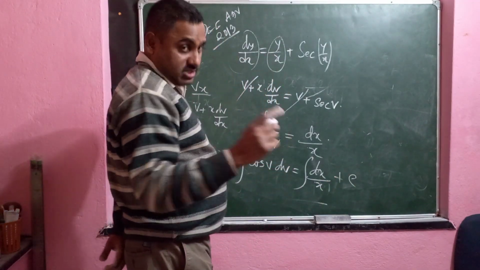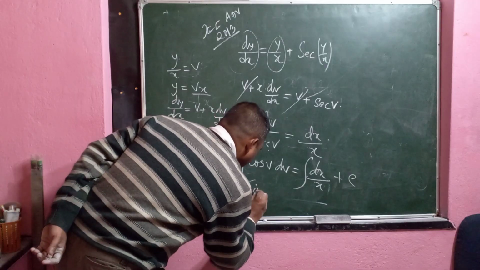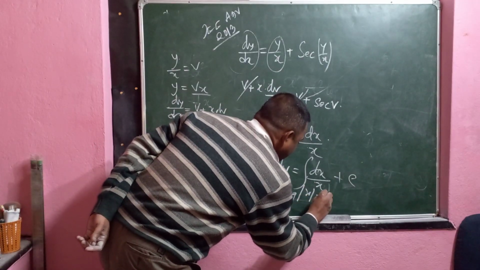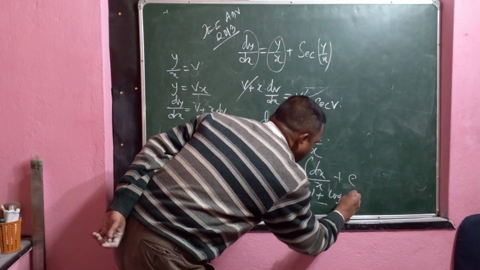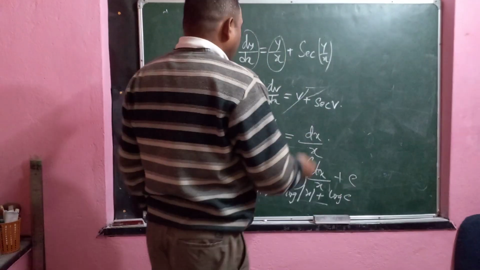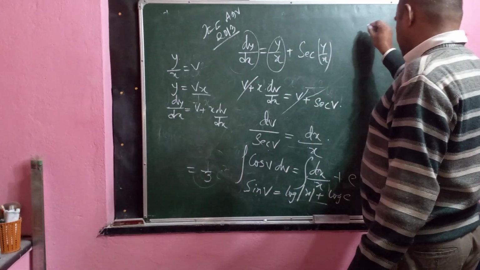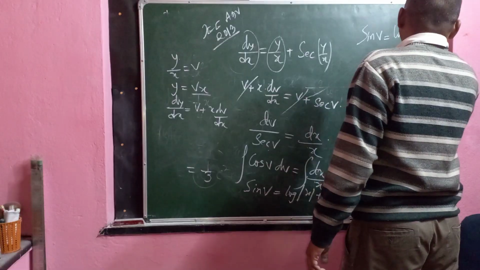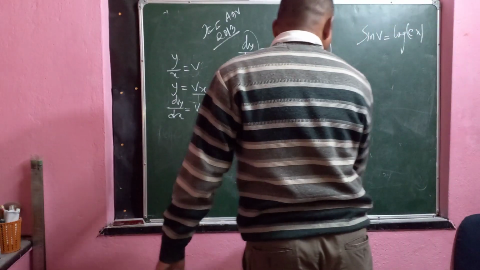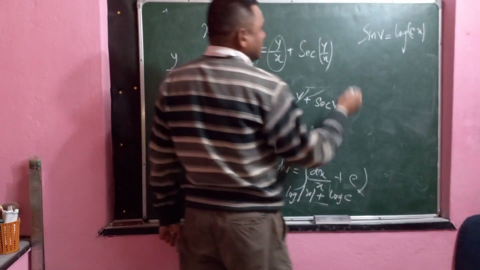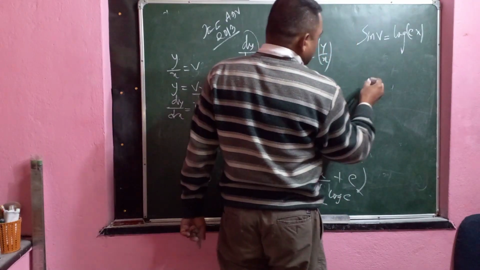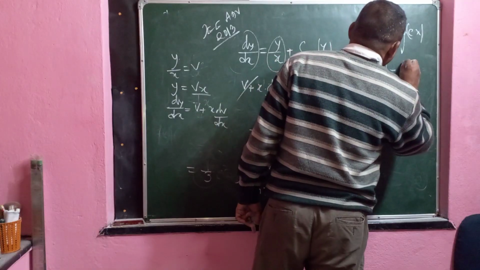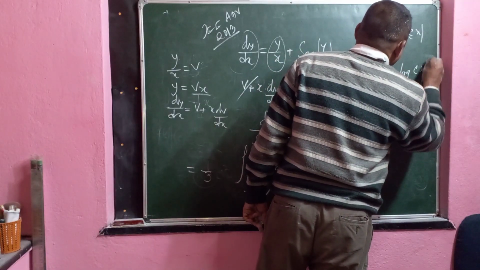Integration of cos v is sin v, which is equal to log x plus, suppose the constant is log c for ease of calculation. Now sin v is equal to log cx. If I take the constant of integration as log c, now sin(y by x) is equal to log cx.